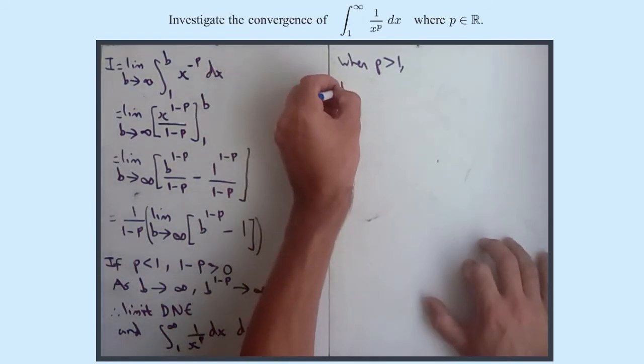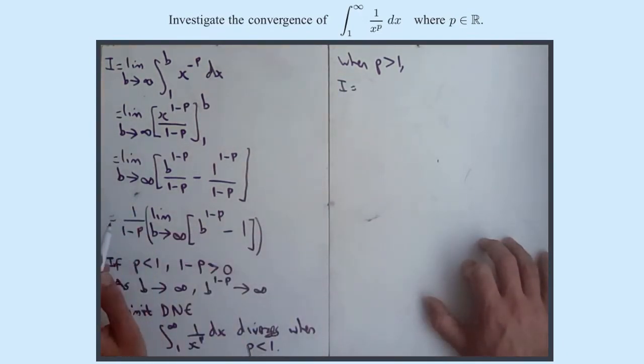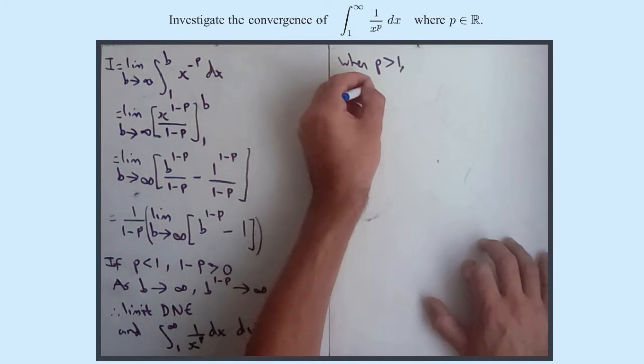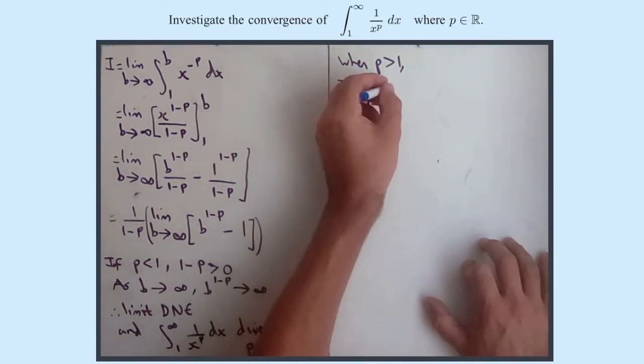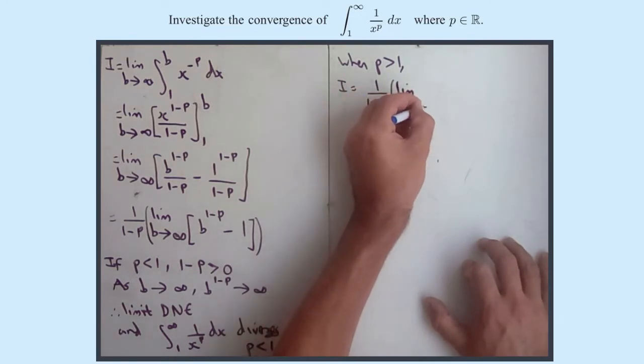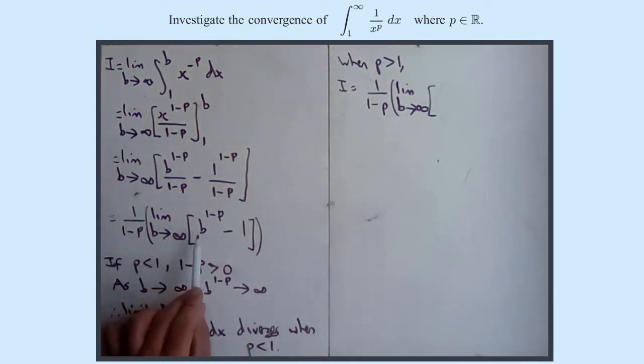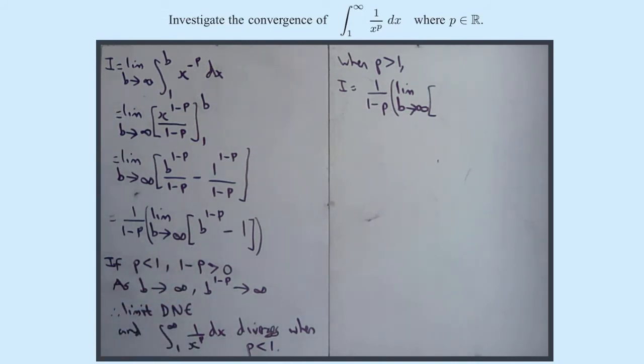So the integral could also be written as 1 over 1 minus p times the limit as b approaches infinity of, instead of b to the power 1 minus p, the reciprocal of b, so 1 over b to the power of minus (1 minus p), which would just be p minus 1.